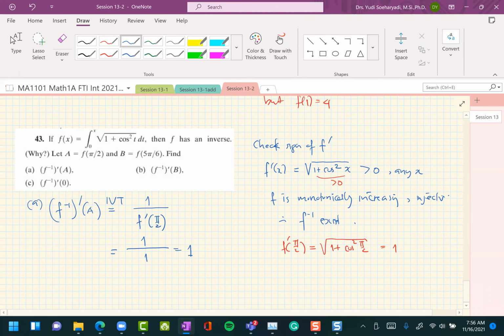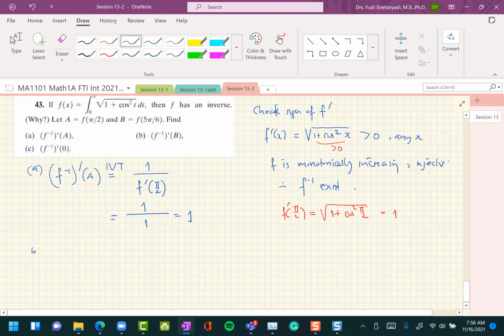Okay, b, the derivative at b, again by the inverse function theorem. And let's see what number is mapped into b. This is 5 pi over 6.